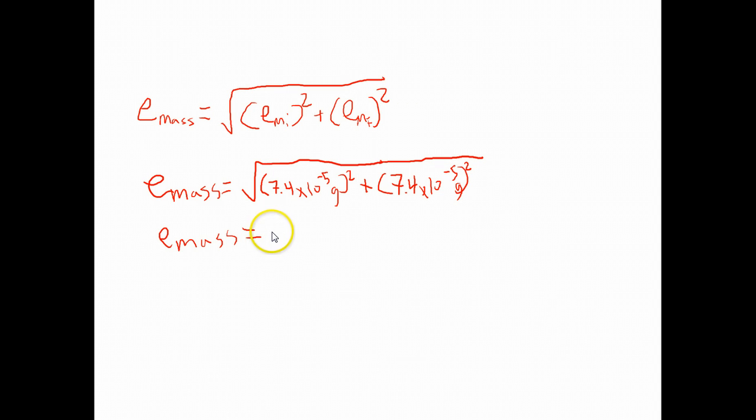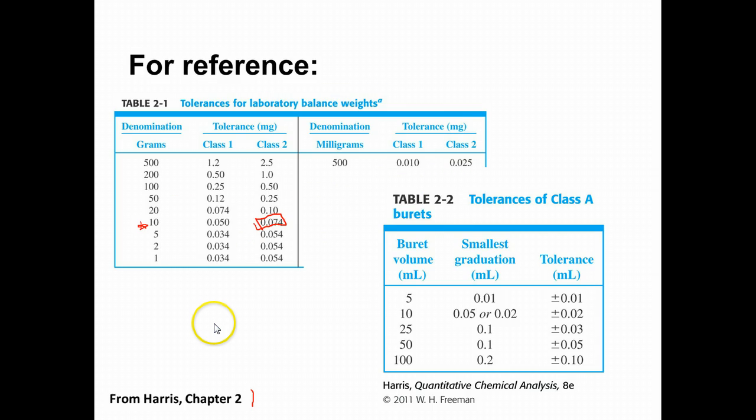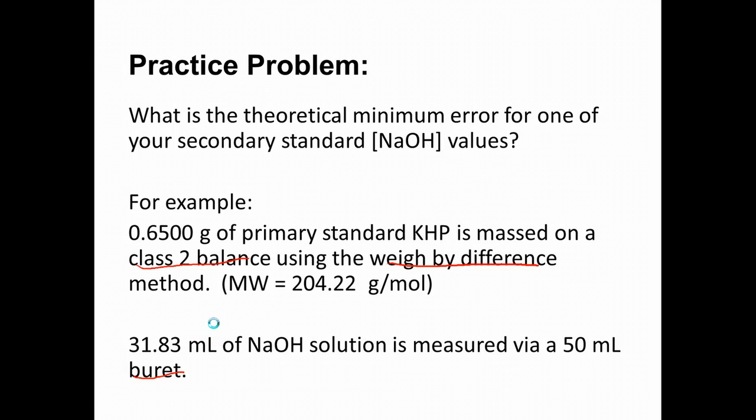The error ends up being approximately 0.0001 grams. What I did here is I just rounded. It's not real practical to go beyond 1 digit. So our actual mass, we said, was 0.6500 grams.